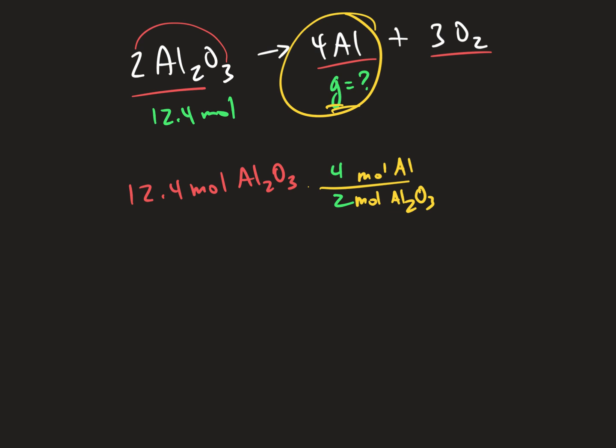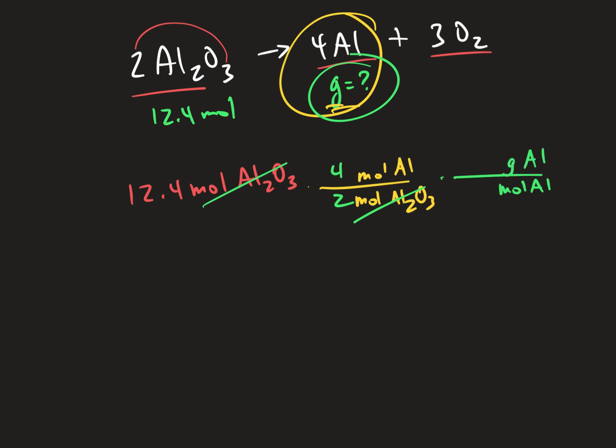Any questions on that? Okay. So moles of aluminum oxide go away. We have moles of aluminum, but we're looking for grams. Now we can go from moles to grams, right? Moles of aluminum go on bottom, so they cancel. And we want grams of aluminum using our mole roadmap.